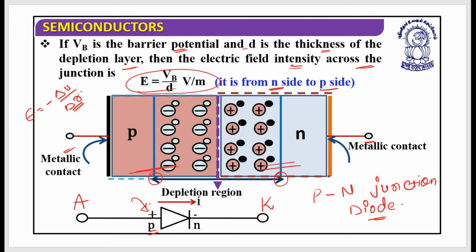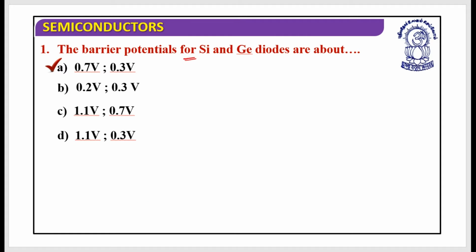But before we see the next situations, let's first look at certain quick questions. The barrier potentials for silicon and germanium diodes are about 0.7 volt for silicon and 0.3 volt for germanium.